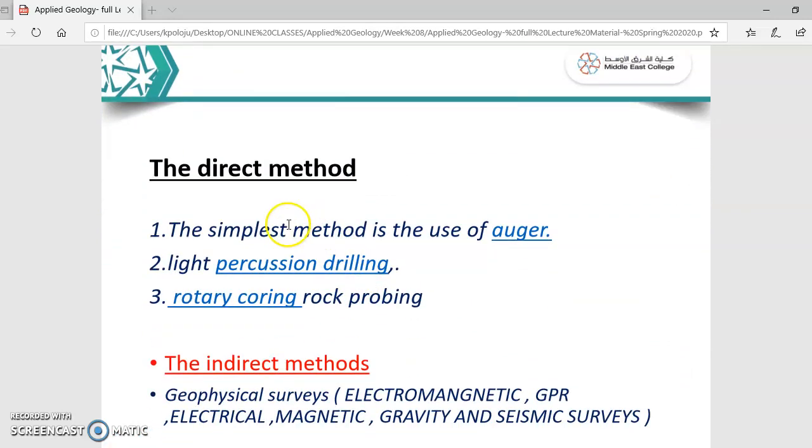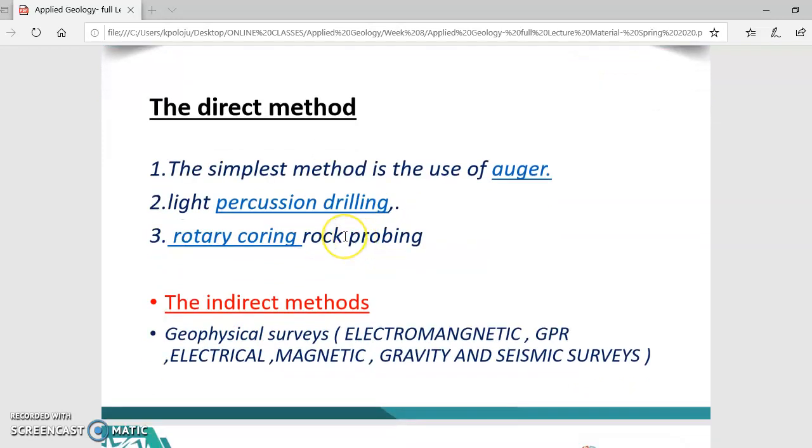Now, we'll see what the different methods are to do this subsurface exploration. There are two methods, the direct method and the indirect method. The name itself gives some idea of what direct and indirect methods mean. It's very simple to identify.